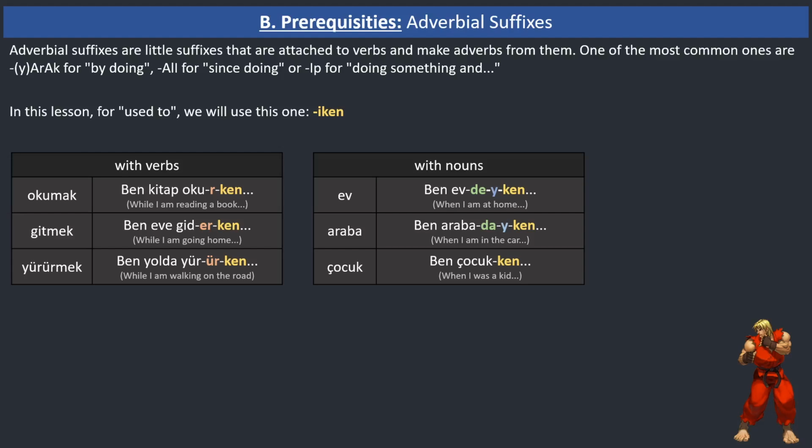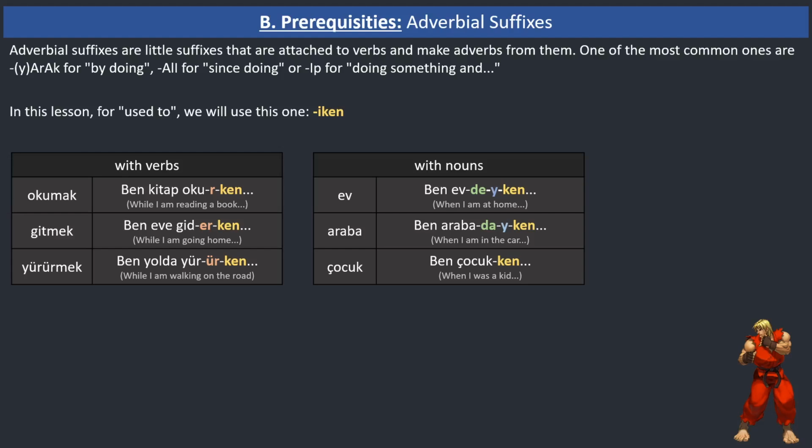It doesn't use tense or personal markers. It inherits those implications from the main verb. So you should look into context. Okay, so that's basically ken.